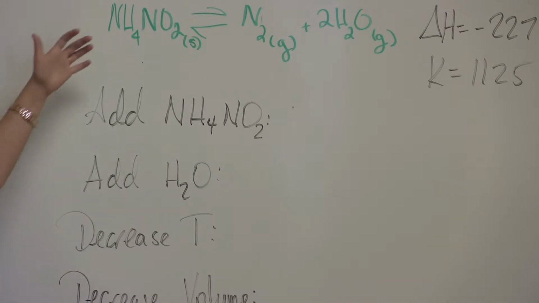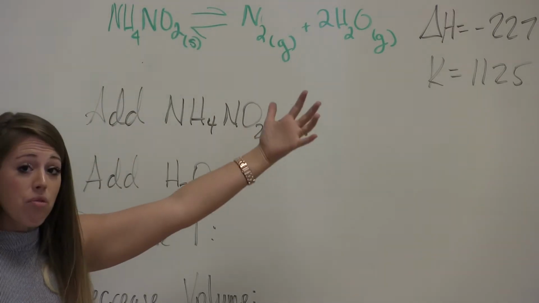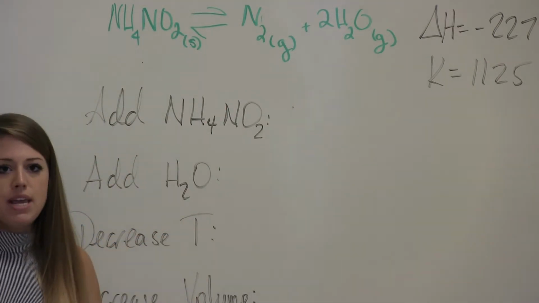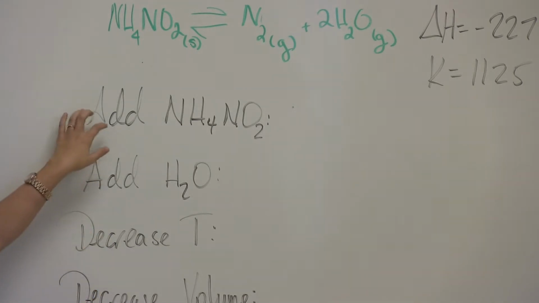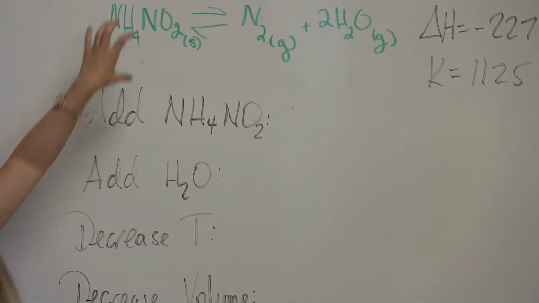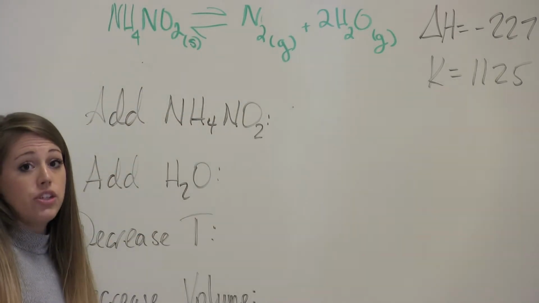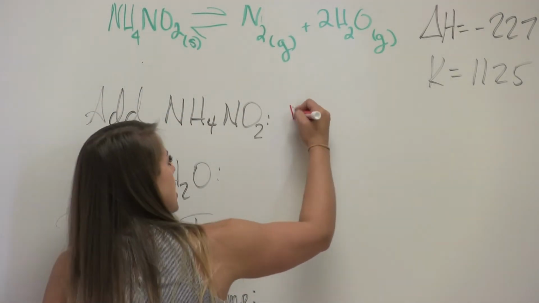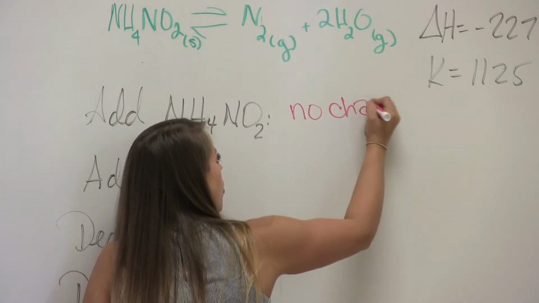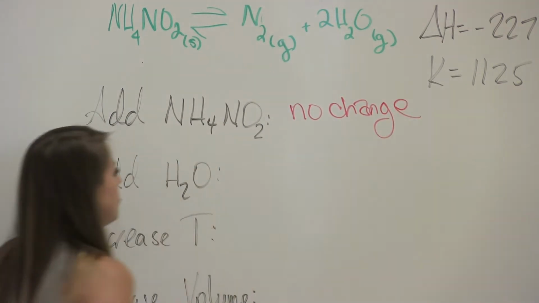Therefore, removing it and adding more of it is not going to affect my equilibrium. If I add more ammonium nitrite, since it doesn't have anything to do with my equilibrium expression, there's not going to be a change here. So we're going to say there's no change because it's not involved in the equilibrium expression.